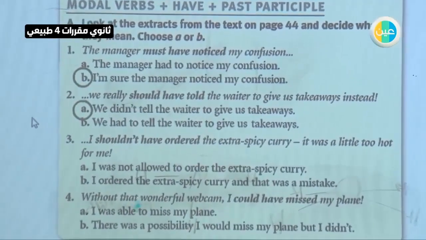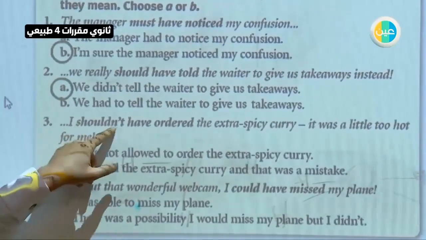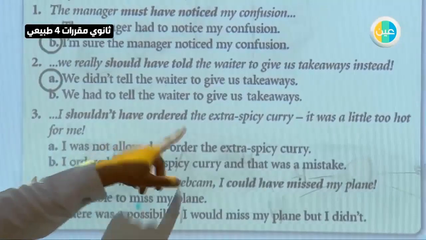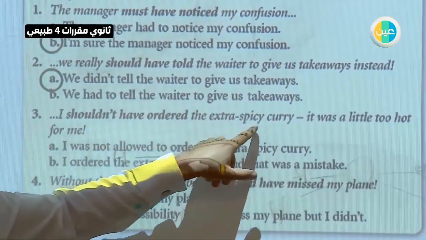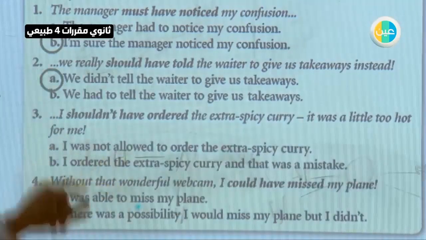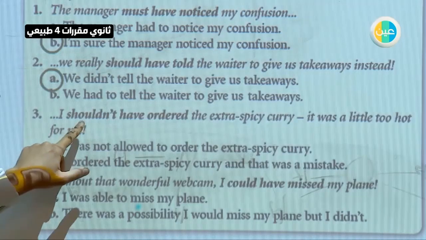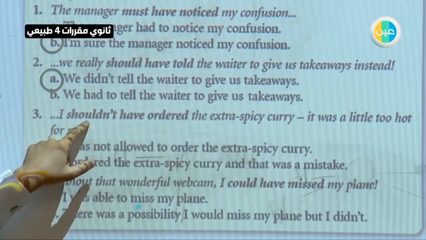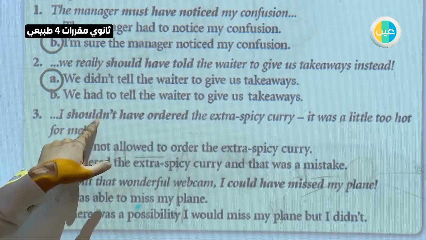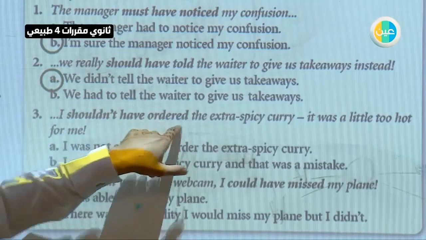3. I shouldn't have ordered the extra spicy curry. It was a little too hot for me. So we have the modal verb should, but in negative, shouldn't, plus have, plus ordered.